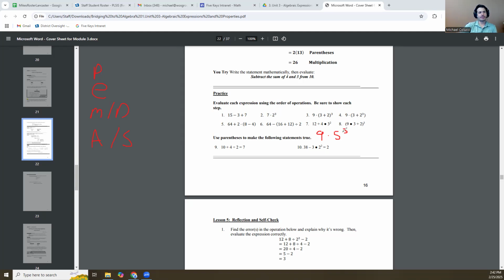I want to do my exponent before I multiply. Exponent comes before multiplication. 5 to the third power is 125. Times 9, I think, is 1,025. But don't quote me on that because I might be wrong. I'm totally wrong. I don't want to get hung up on that. So I won't. Let me do a couple more.